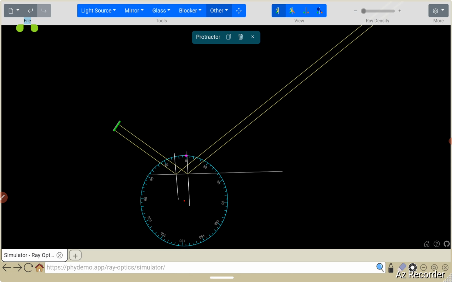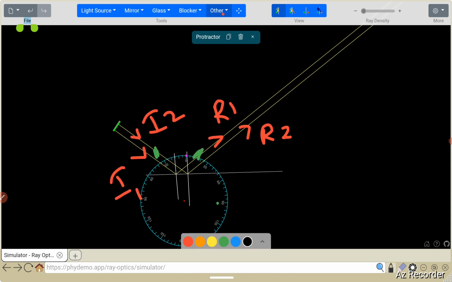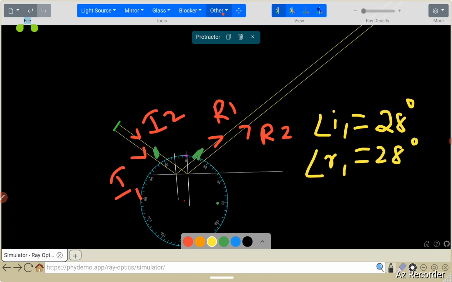Now see here, have you observed, for the first case angle I1 is equal to some 28 degree, R1 is also equal to 28 degree only, and angle I2 is also equal to 28 degree only.